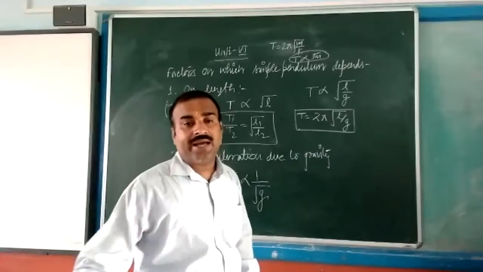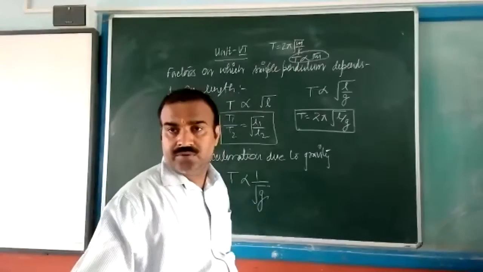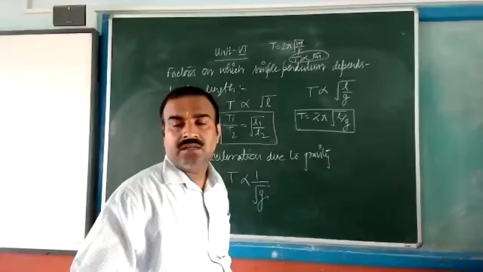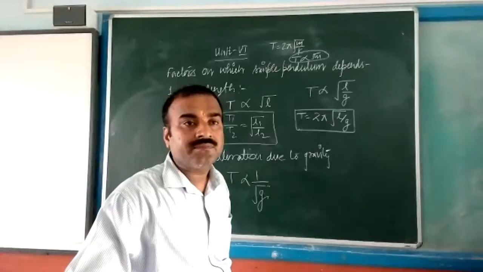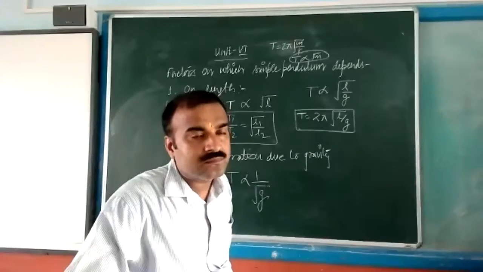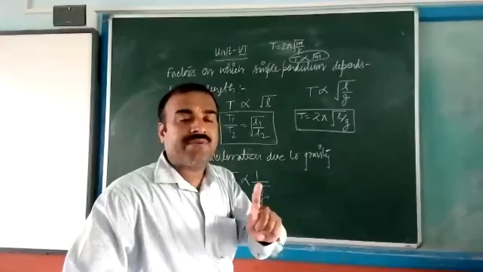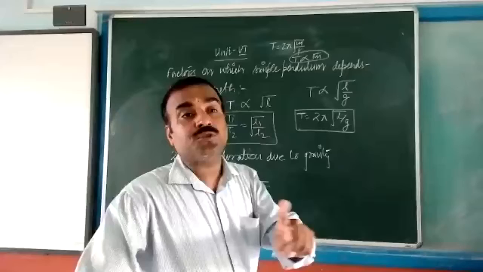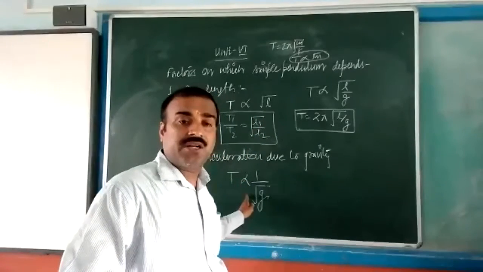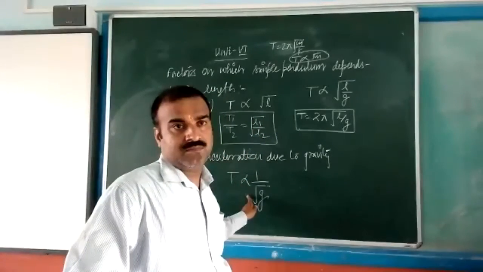Why it will be 2 pi? I will tell you. Abhika. Good morning, sir. Sir, in this, T is directly proportional to L by G. T is directly proportional to length, but inversely proportional to the acceleration due to gravity, so both the signs are same.